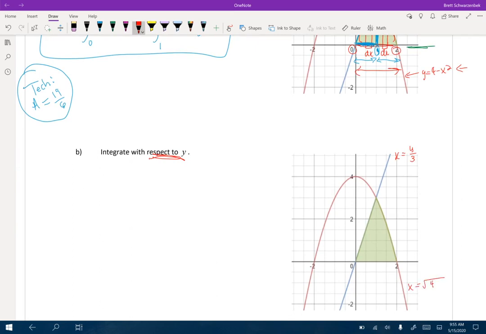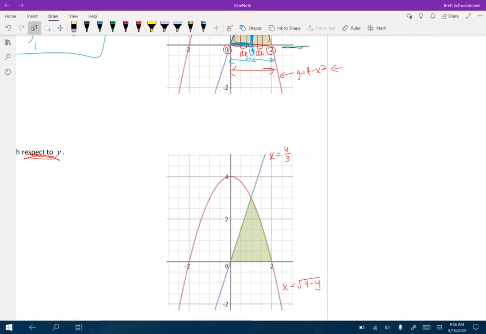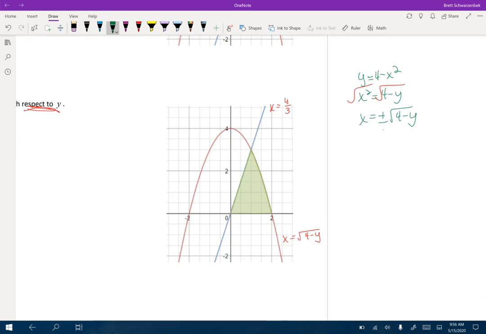But I want to make a note of something over on the side here in solving. So if we have this, let's just say we add x squared over here and we subtract y over here. If we take the square root in the next step, we're going to get x is equal to plus or minus root 4 minus y. So note, the plus or minus is actually quite legitimate on this one.